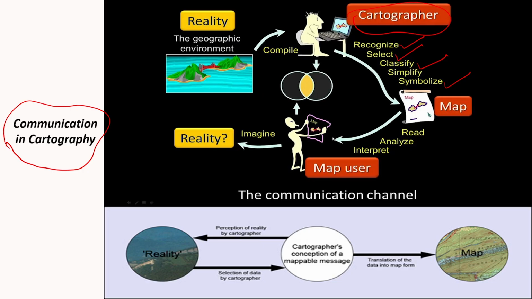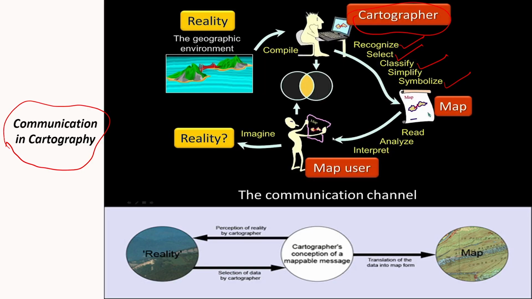If I am going to prepare an agriculture map of a particular district, if my map scale is A4 size, so I have paddy, sorghum, ragi and other things, I will reclassify, I will simplify, I will say the whole crops are food crops. So, the cartographer tries to recognize the geographic features, then he will select important geographic features, he will classify based on the purpose, then simplify, then give a symbol for each and every geographic feature.